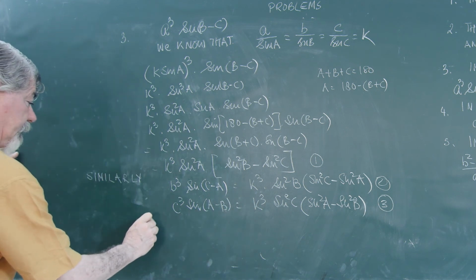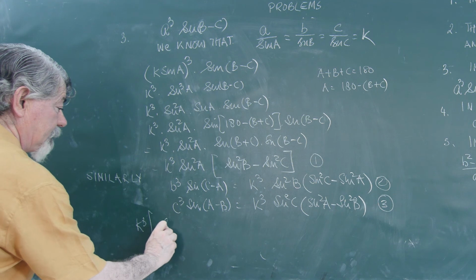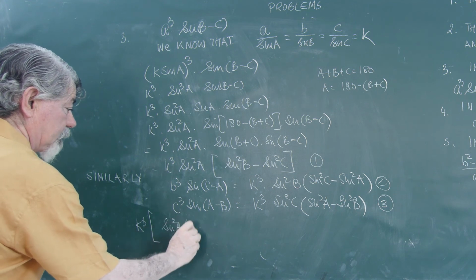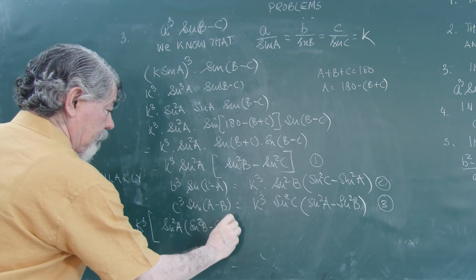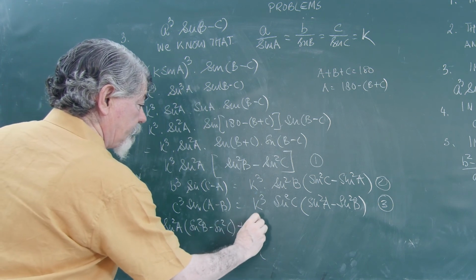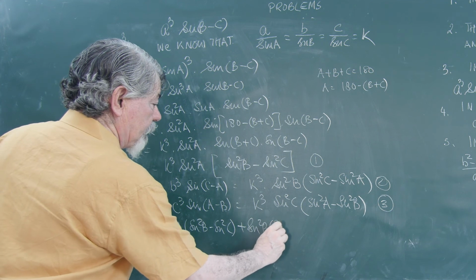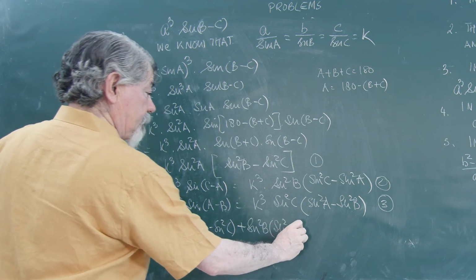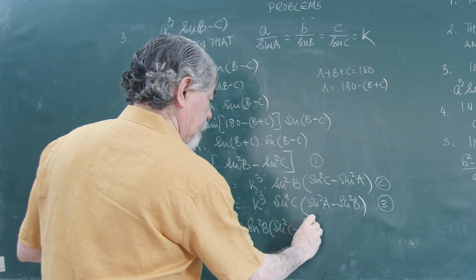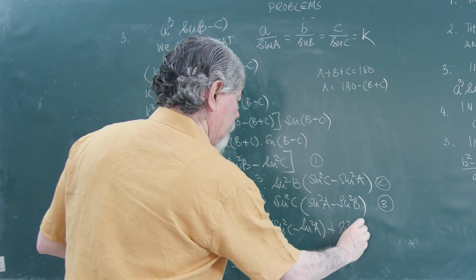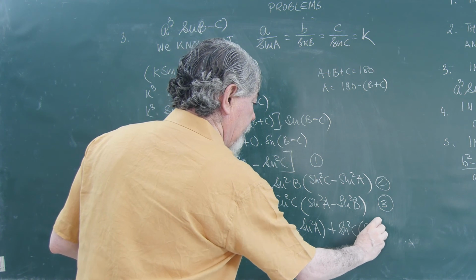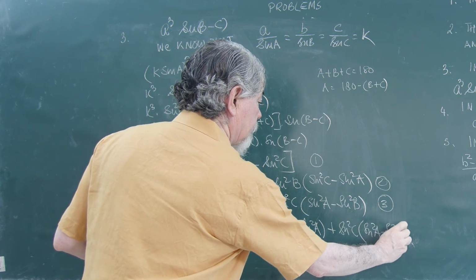K cube can be taken common, and I'll add sine square A (sine square B minus sine square C), plus sine square B (sine square C minus sine square A), plus sine square C (sine square A minus sine square B).